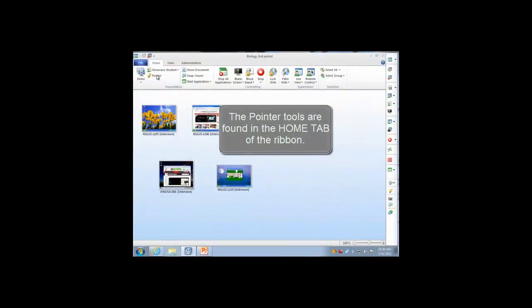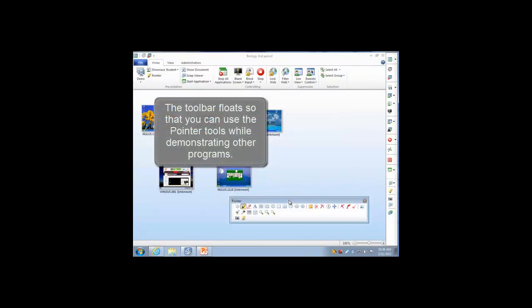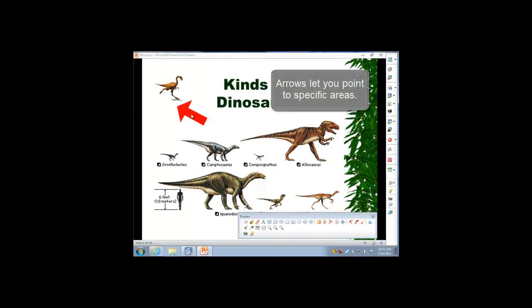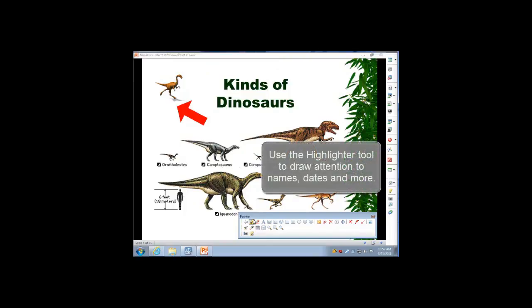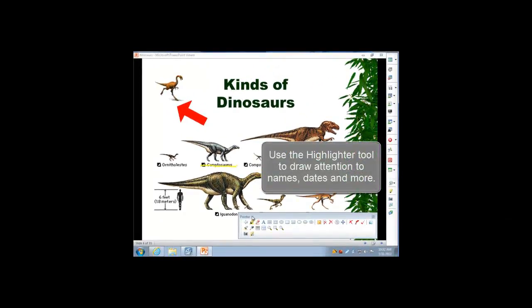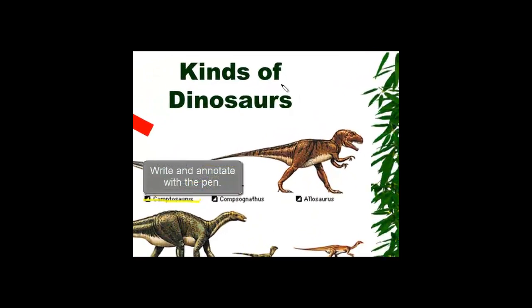The pointer tools are found in the Home tab of the ribbon. The toolbar floats so that you can use Pointer while you're demonstrating in other programs. You can use arrows to point to specific areas. The highlighter draws attention to names, dates, and more. You can write and annotate with the pen.